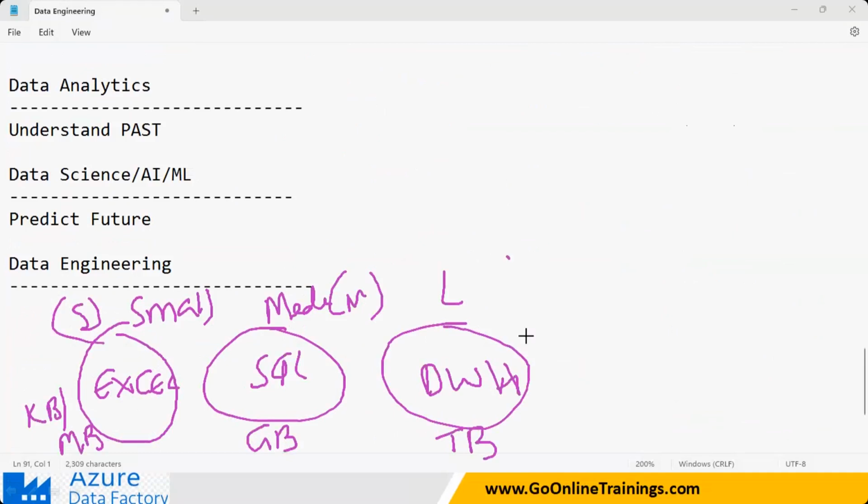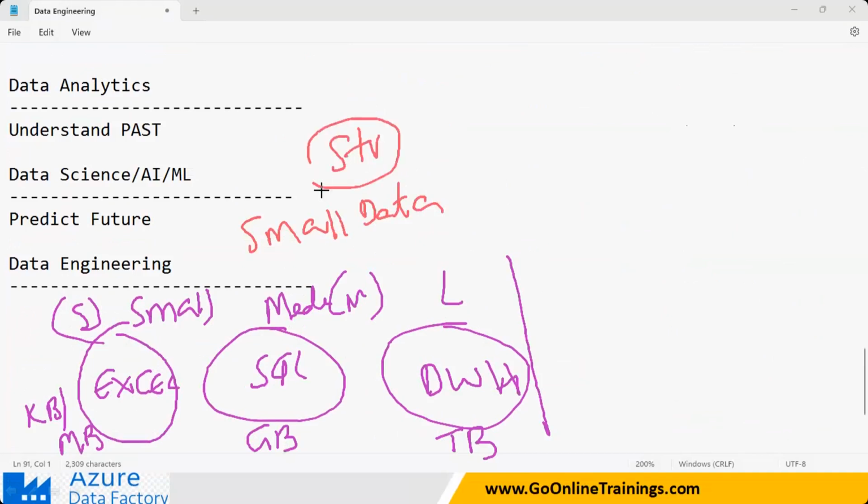Until this, we are completely talking about small data, and all of it is structured data.